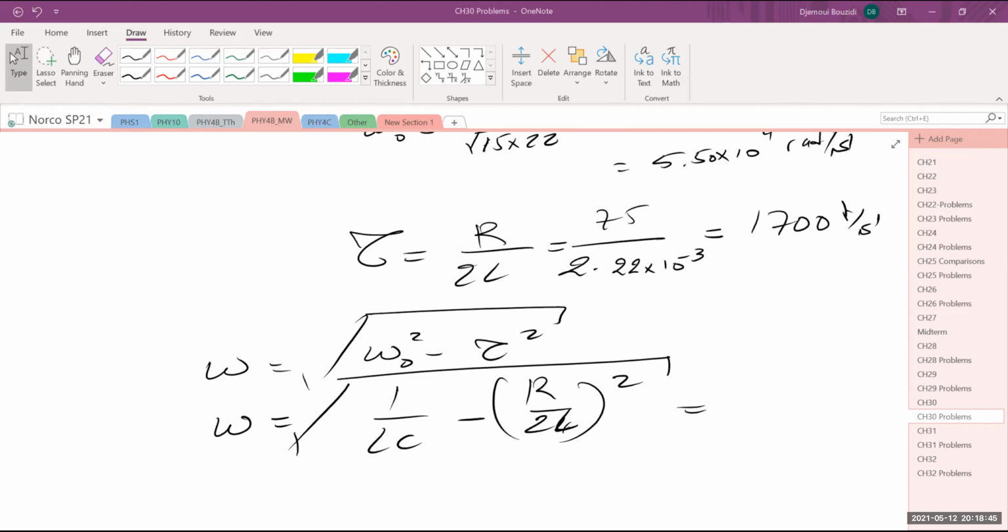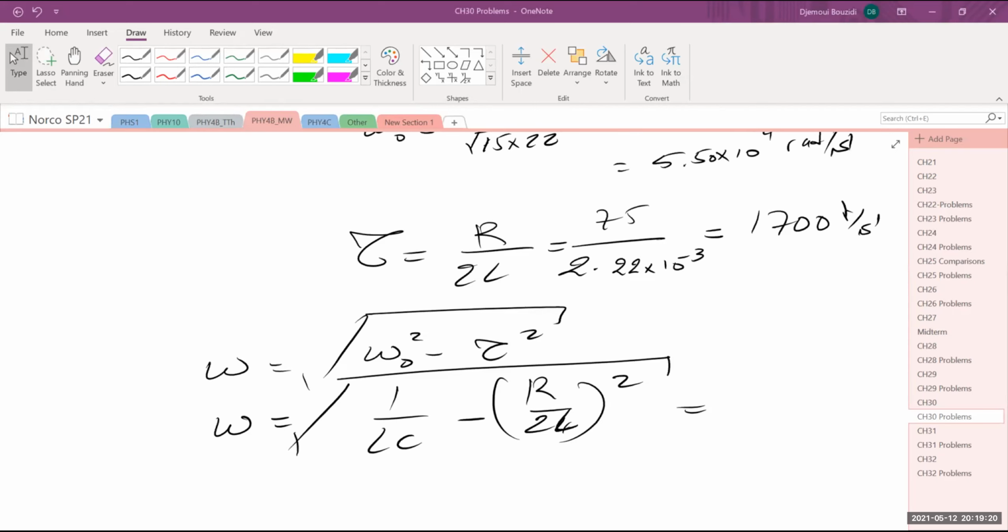How are we doing on time? We still have time. We have 22 millihenry, 22 times 10 to the negative 3, times 15 nanofarads, 15 times 10 to the negative 9. Close the parentheses, minus R, which is 75 ohms, divided by open parentheses 2 times L, 22 millihenry, which is 10 to the negative 3.